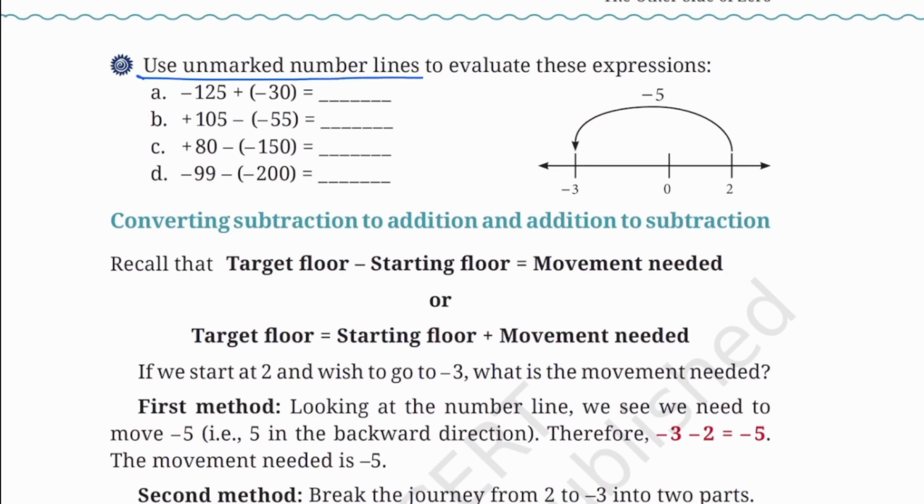Use unmarked number lines to evaluate these expressions. A. Minus 125 plus minus 30, that will be equal to minus 155.